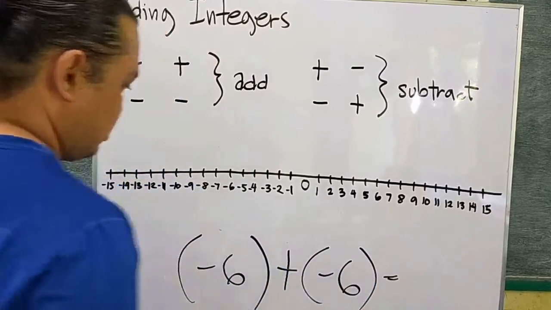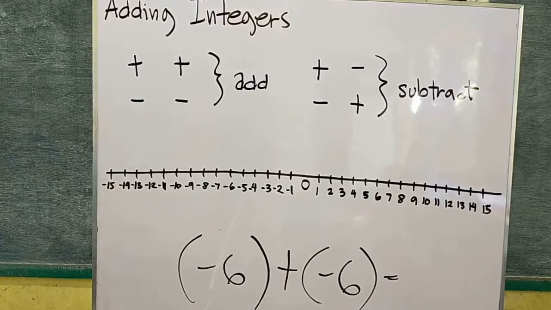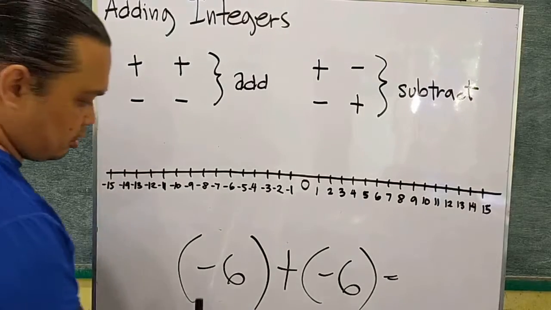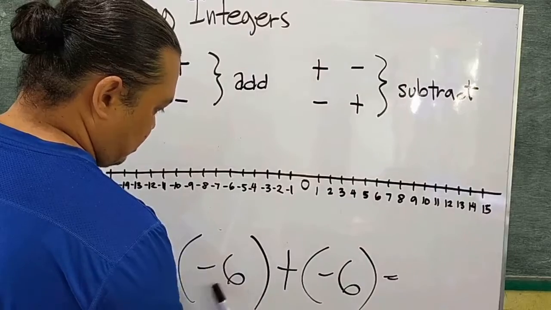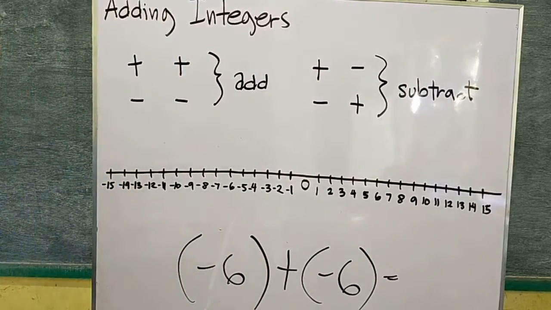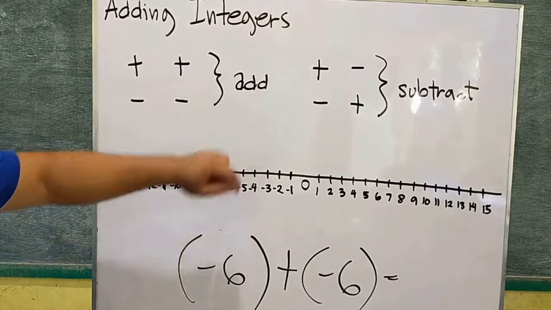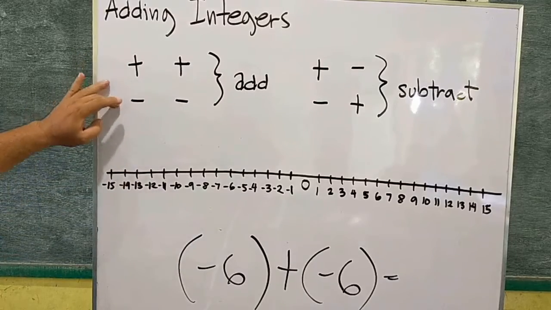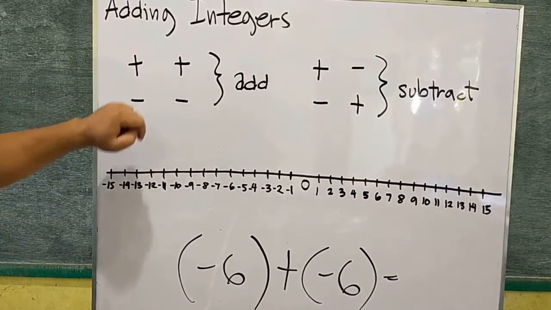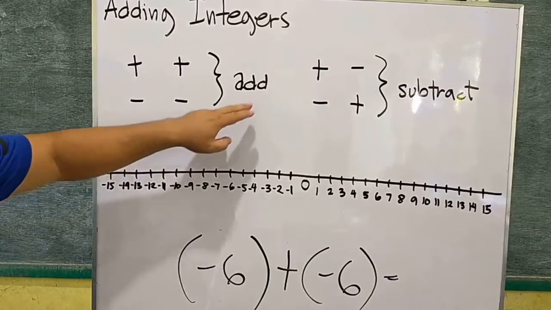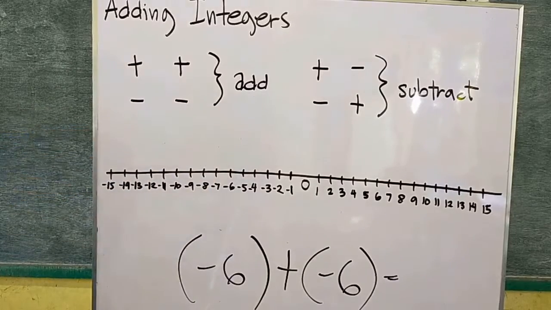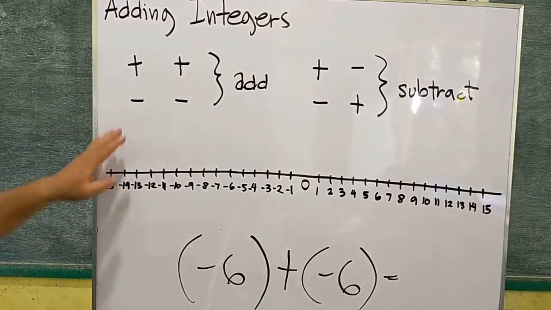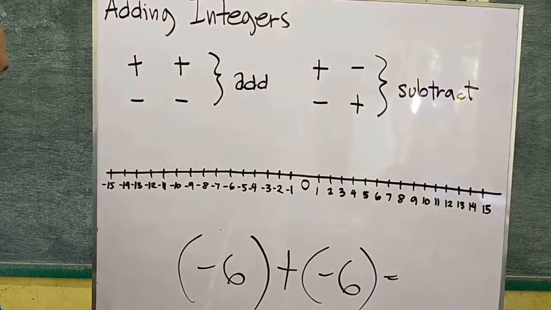Okay, so we are adding like integers. Why? Because they have the same sign. So all we need to do is add. Because they are like integers, positive to positive or negative to negative, we need to add the numbers and copy their sign. So let's do that.